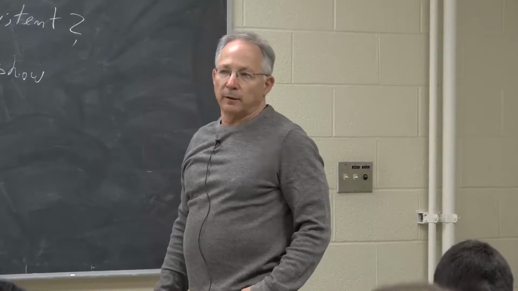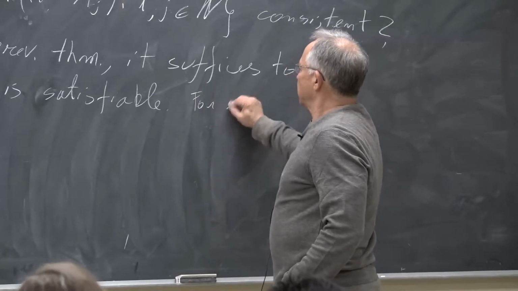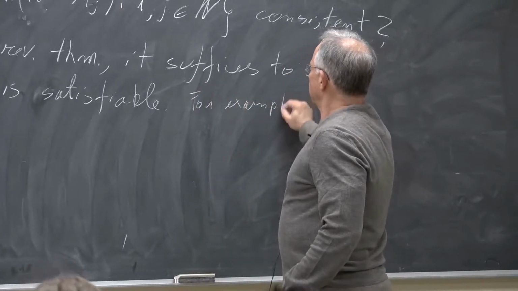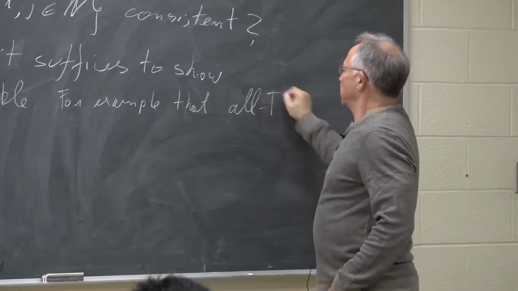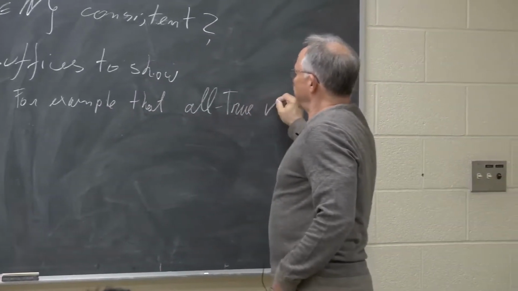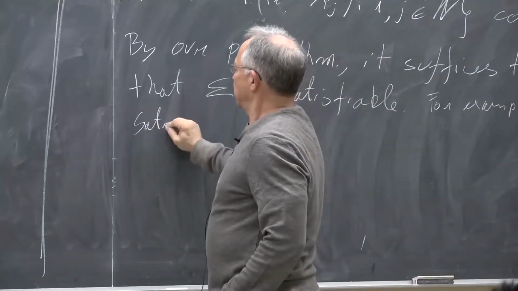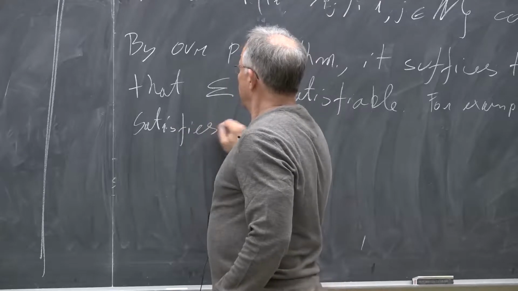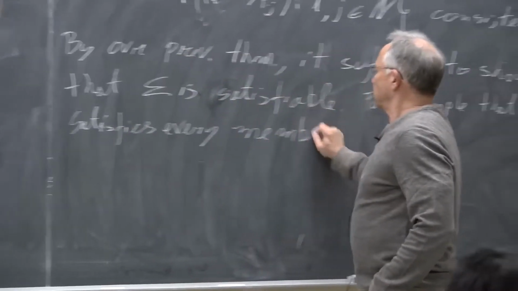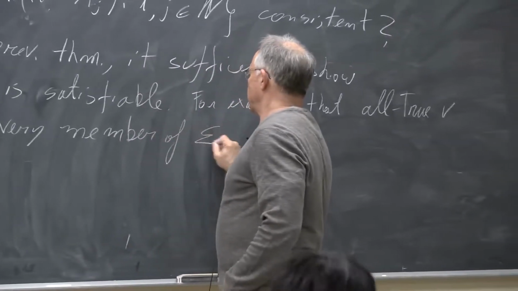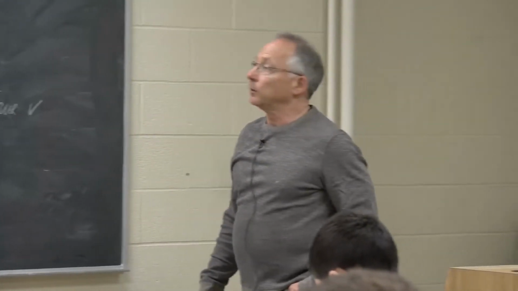All true. They're all true. So for example, the all true V satisfies every member of sigma. So now we have a cute tool to show that something is consistent.